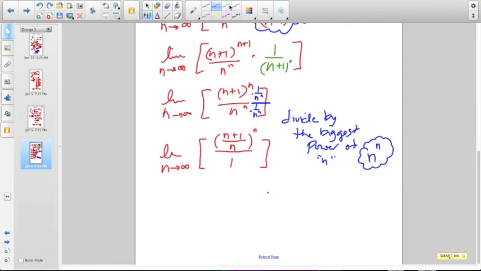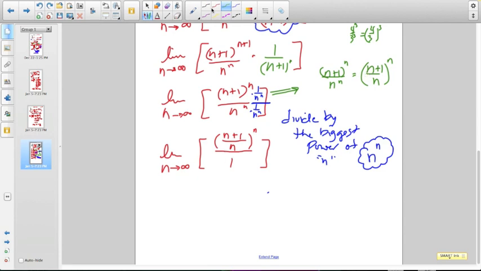Just a caveat here for the numerator: that's like saying n plus 1 to the n power over n to the n power. Same powers, that'd be like 4 cubed over 3 cubed, which is just 4/3 cubed. So this is just n plus 1 over n, to the n. We're just using our power rules to rewrite that so that everything is inside the brackets.